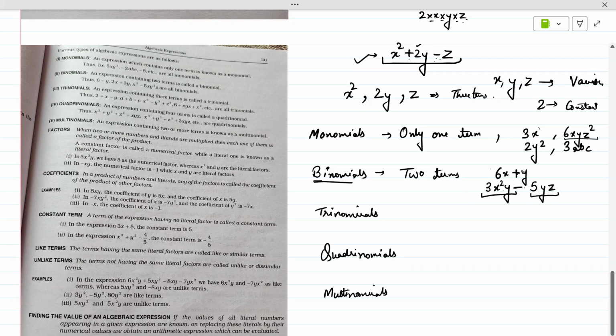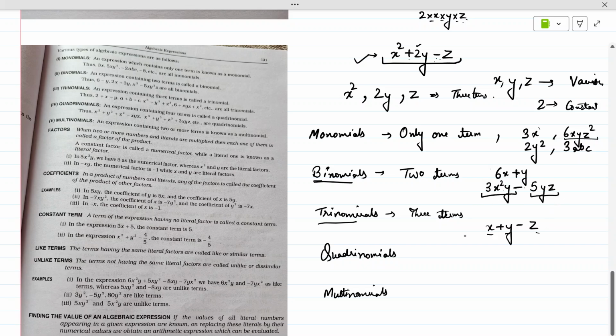Next we have trinomials. Here we have three terms. The simplest example is x plus y minus z. Here we have three terms, x, y, and z, which are separated by the operators plus and minus.